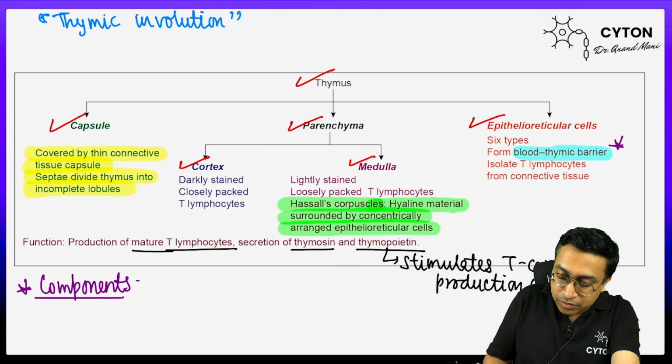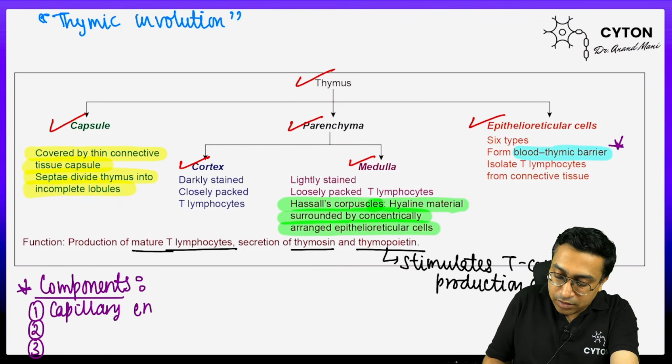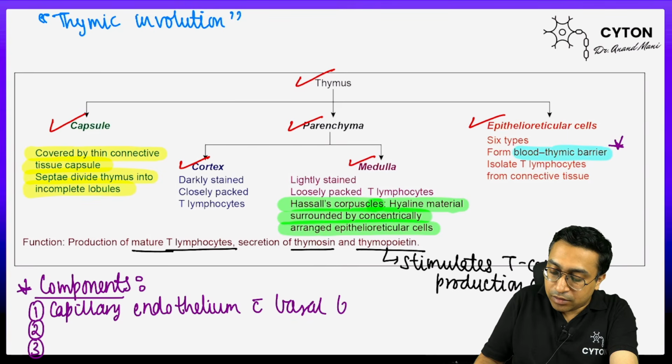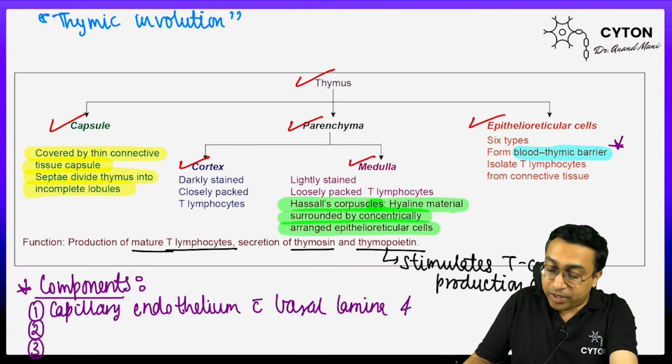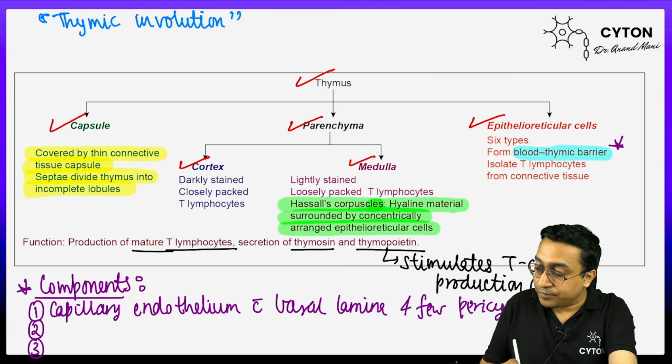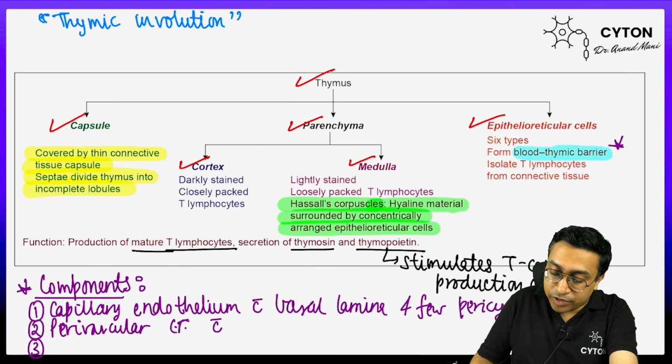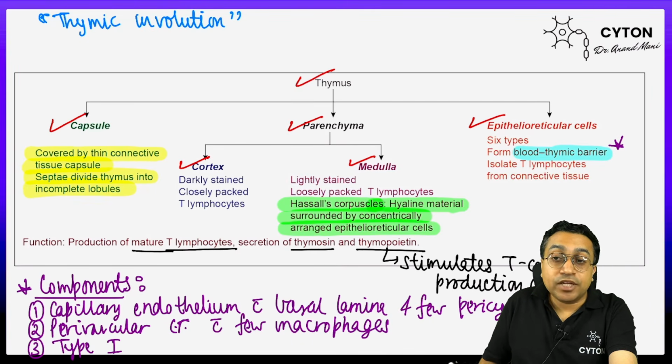There are three components: the capillary endothelium with the basal lamina and few pericytes, then perivascular connective tissue with few macrophages, then type 1 epithelio-reticular cells.